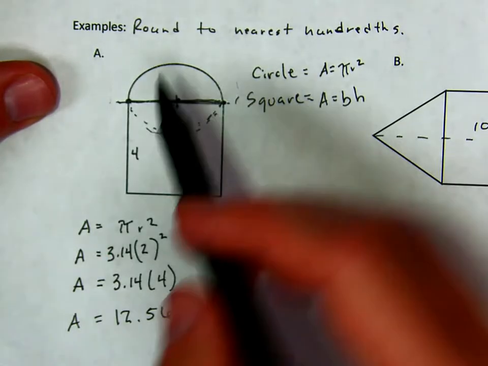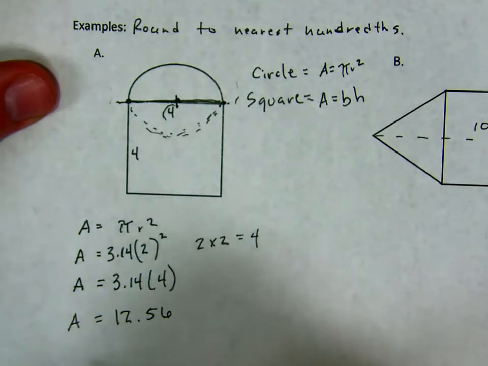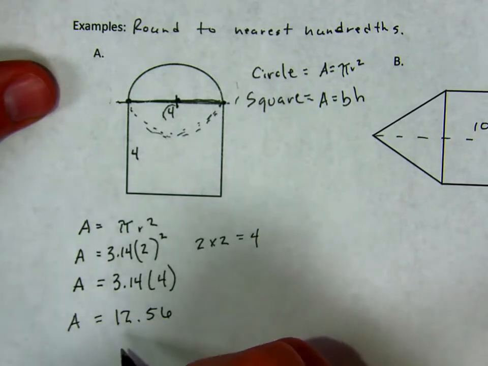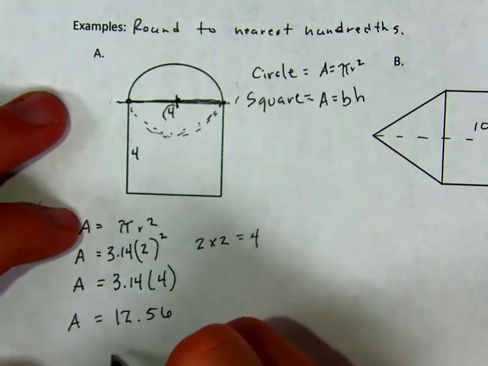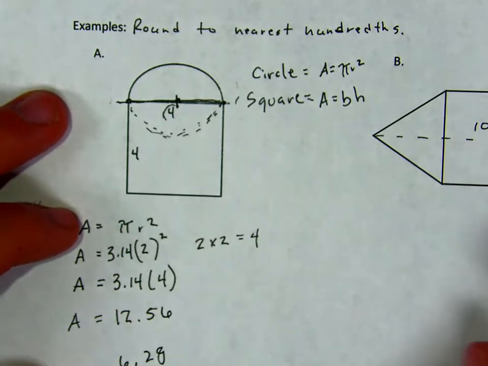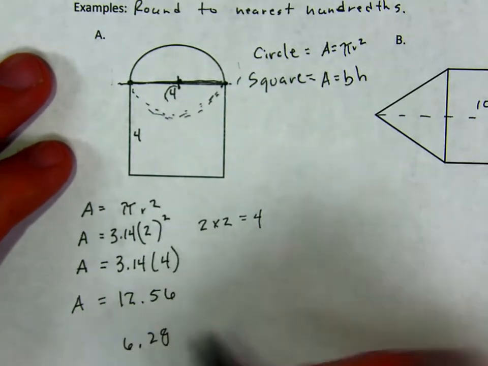Half of the circle. It's a semicircle. So now we've got to calculate half of that circle. So 12.56 divided by 2 gives us 6.28. 6.28 is half of that circle.